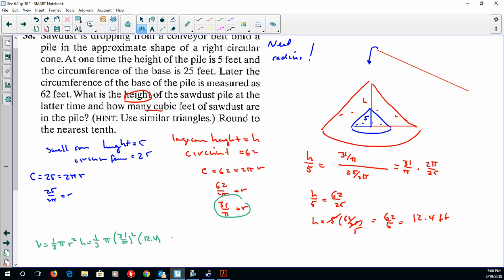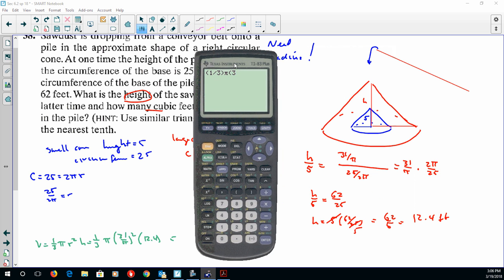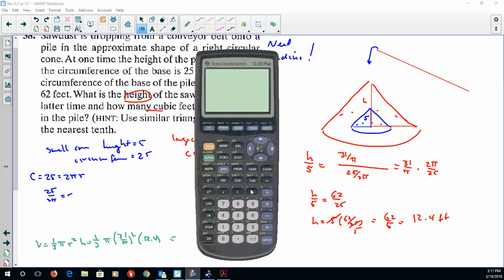Volume equals 1/3 pi times 31 divided by pi, squared.